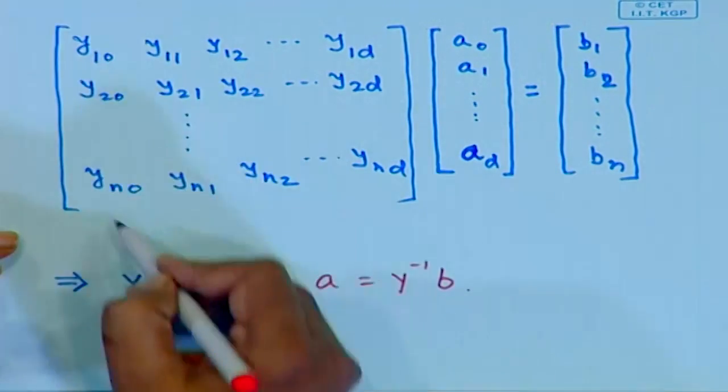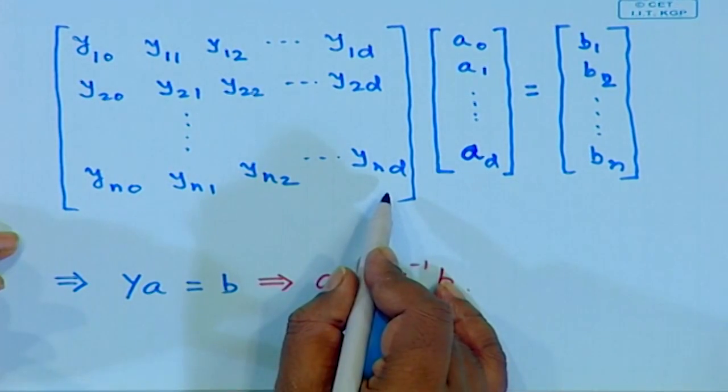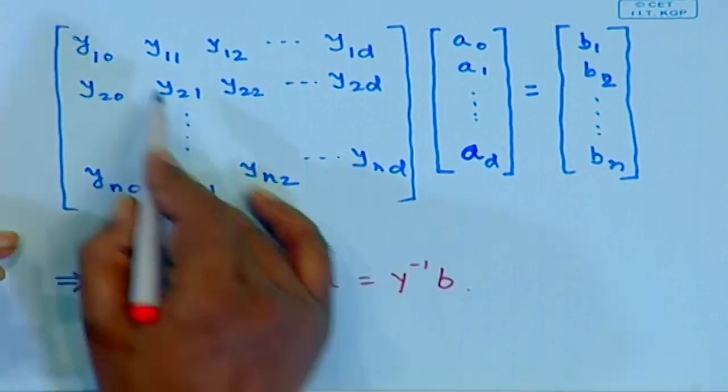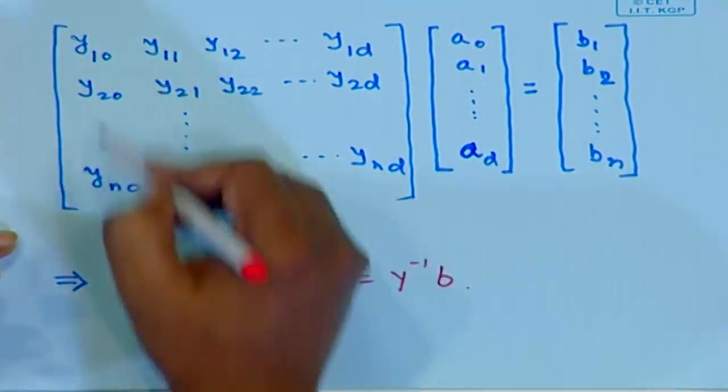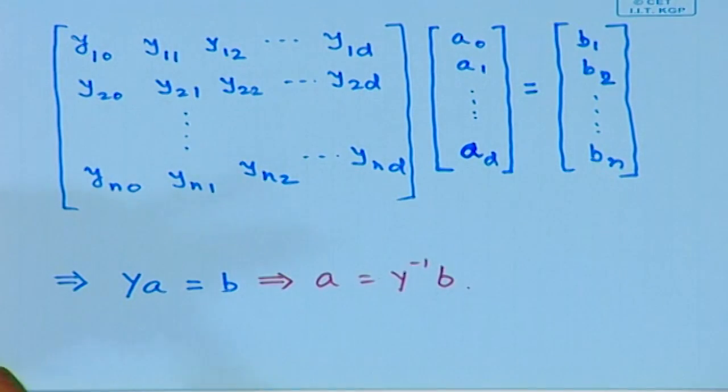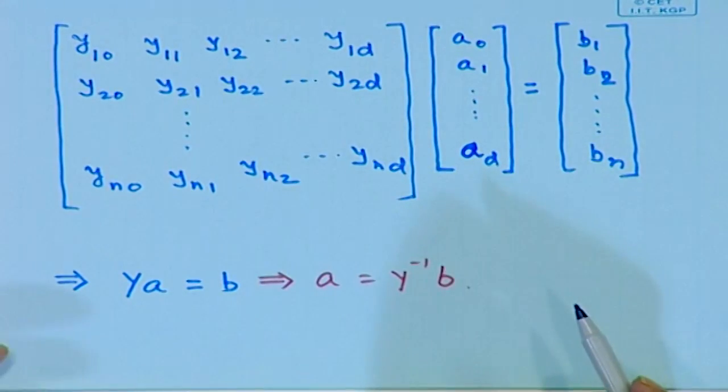The number of rows is equal to the number of samples, that is n, and the number of columns is d plus 1 or d hat. So, the number of rows is much more than the number of columns. In this case the vector a is overdetermined, and following this simple approach I cannot get an exact solution for this vector a. So, that is the major problem.